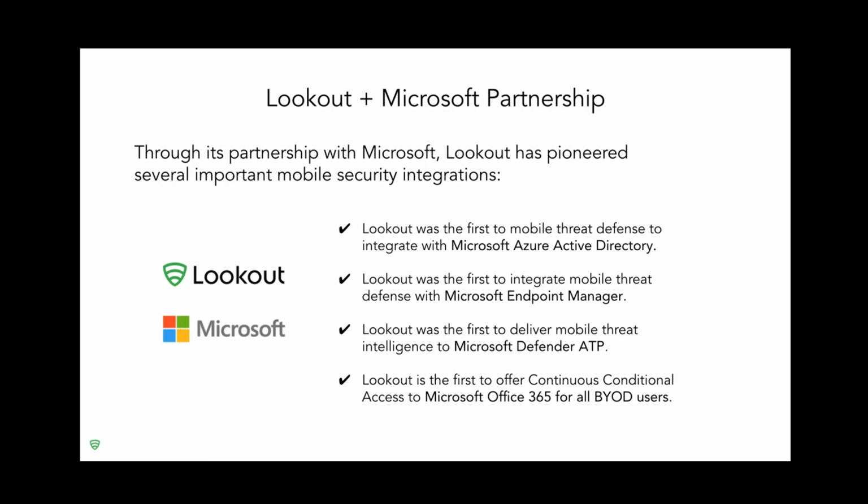So in this case, you would have one single pane of glass and one place where all your threats and events will be consolidated. So you can basically get an overview of the mobile fleet as well as the desktop fleet just by using one console from Microsoft Defender ATP.